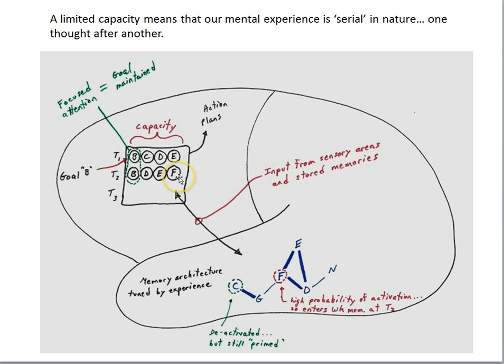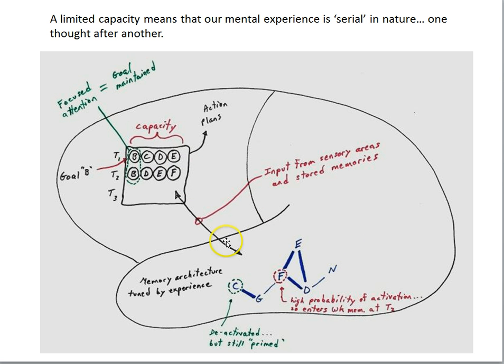But nevertheless, it may well be a random entrance into working memory, or it may well be that we're just not familiar with the association between item F and items E and D. In other words, we might not be aware that that association was made in the past. And so item F comes into our mind even though we were not aware of the previous learning in which items D and E and F were previously associated.